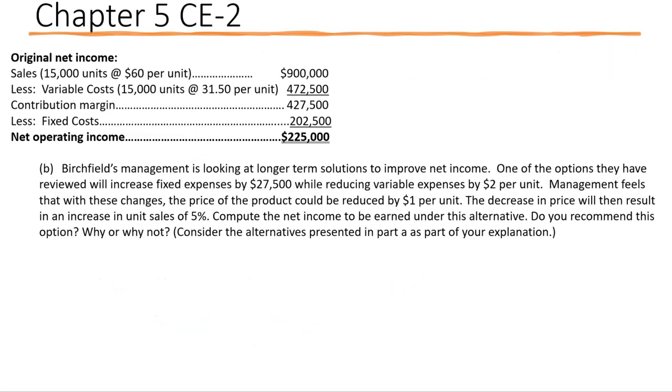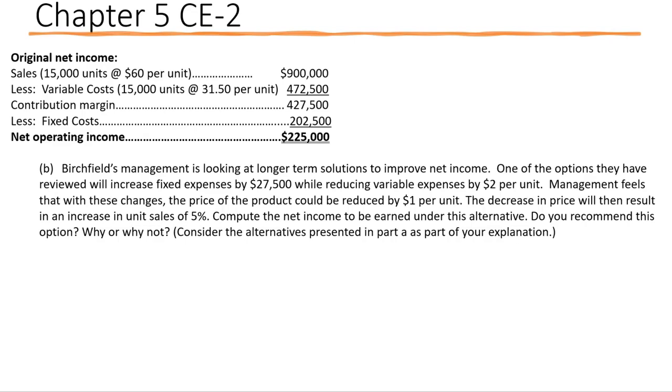Now we'll look at a longer term solution. One of these options they have is to increase fixed expenses by 27,500 while reducing variable expenses by $2 per unit. Now it doesn't say what they're doing in order to do that, but one common thing that companies do is to increase automation.